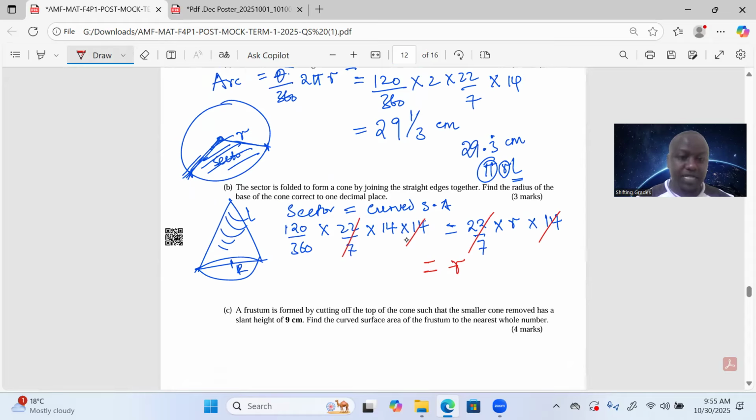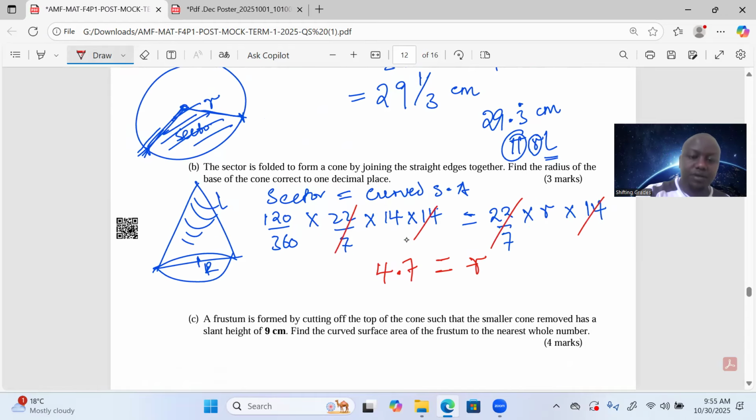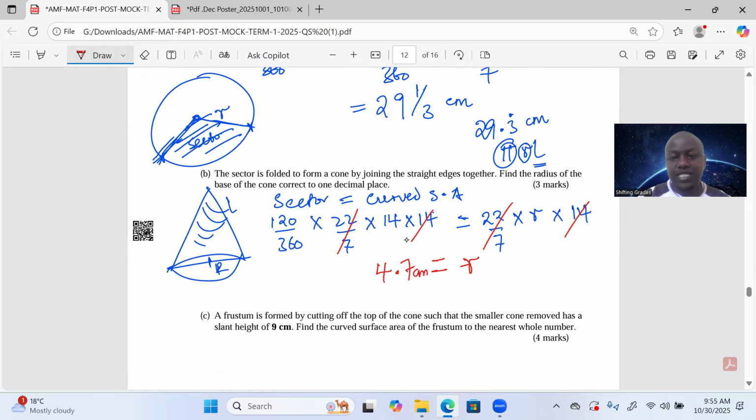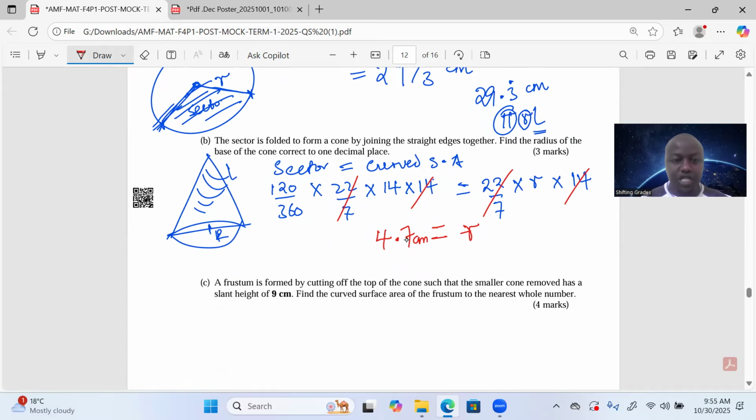You see, this gives us 4.666, but we've been told correct to 1 dp, so 4.7 centimeters. 4.7 centimeters, to ensure that you stick to the instructions. So now the cone formed has a slanting height of 14 and a base radius of 4.7.